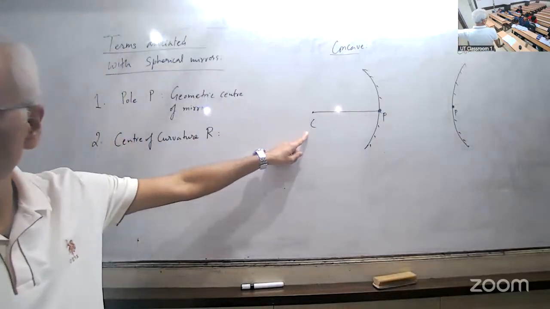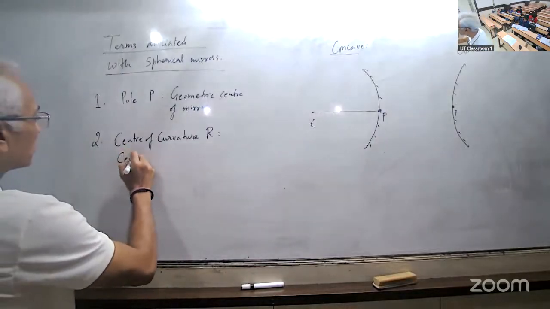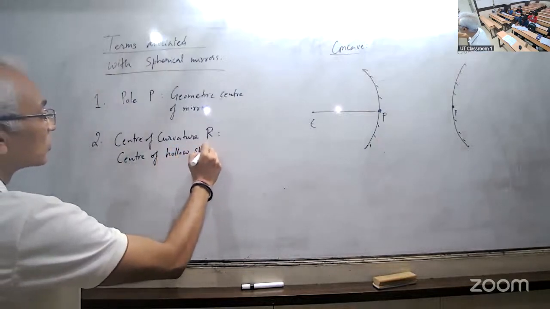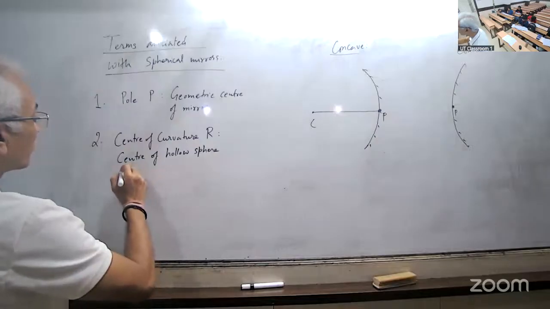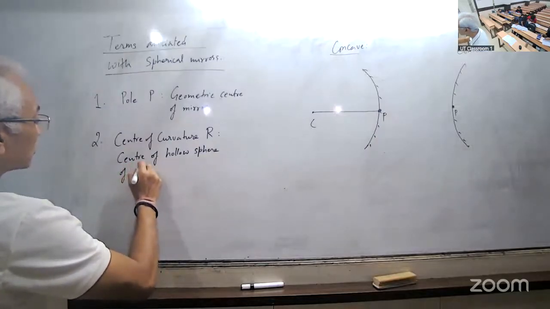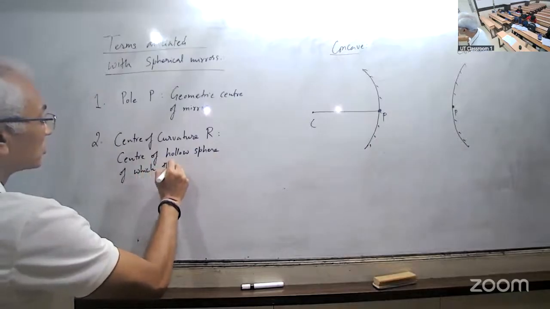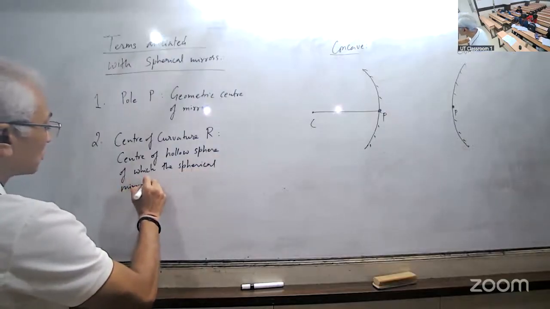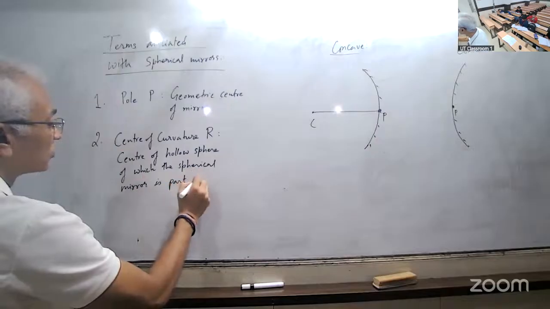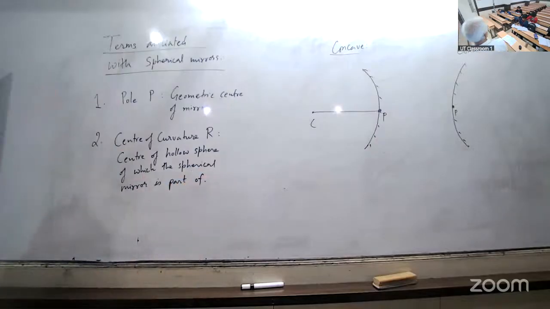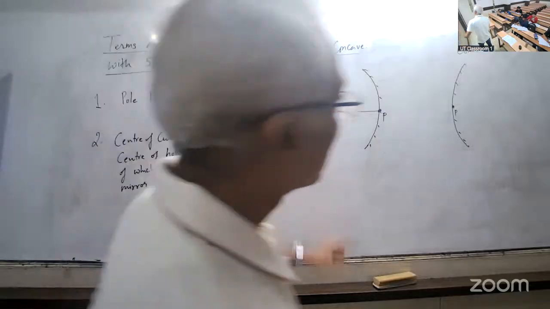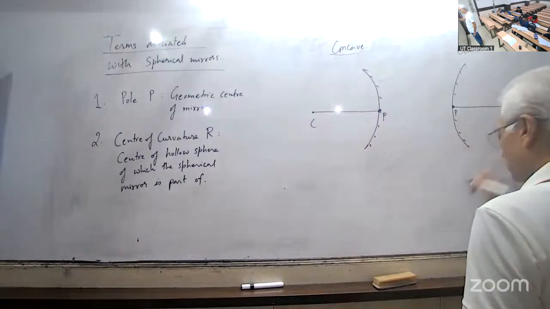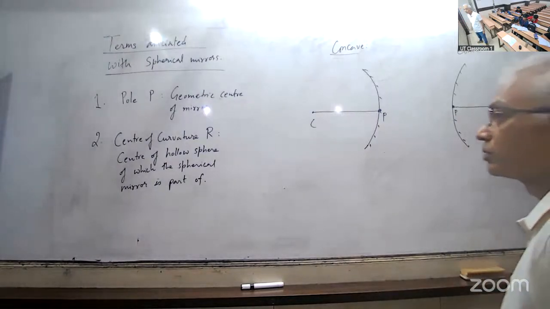It is the center of the hollow sphere of which the spherical mirror is a part. So this is the center over here, and for this, the center will be on this side.